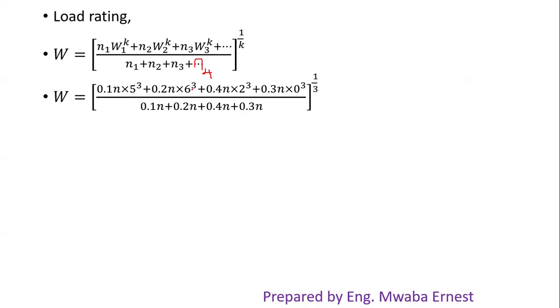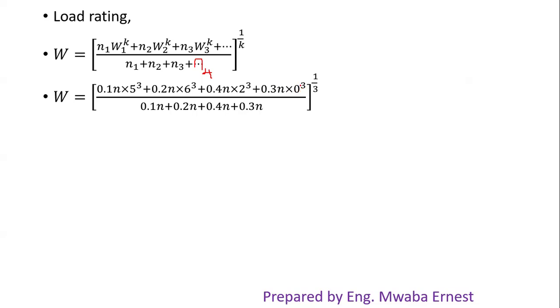The power is still the same. Then the third one was N3 was 0.4 N, because it was at 40% of the time. Times, it was actually 2 kilonewtons as the load, so 2 raised to power 3. Then the remaining time was actually 30%, which is 0.3 N, multiplied by, we thought this was at no load, so it was 0 raised to power 3.